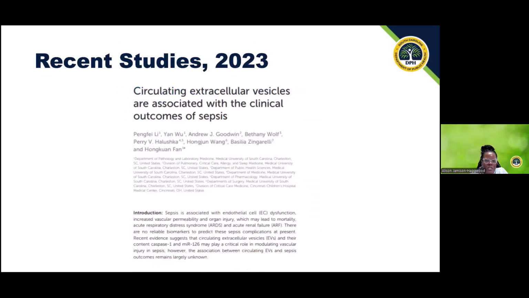And then this is a recent study from 2023, and Dr. Lee from MUSC, who was pictured in the previous article, was the lead author for this research. This is from the Frontiers in Immunology resource.